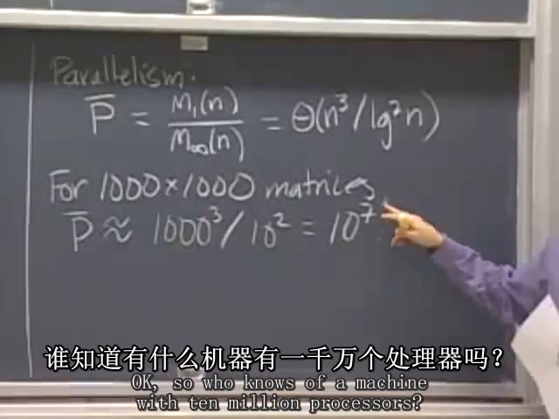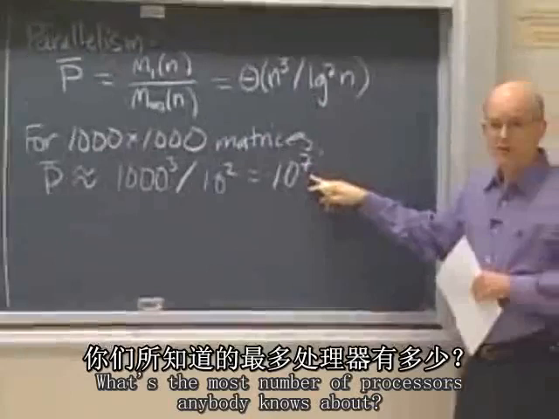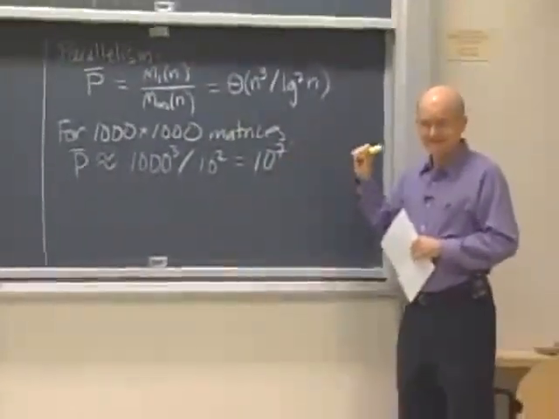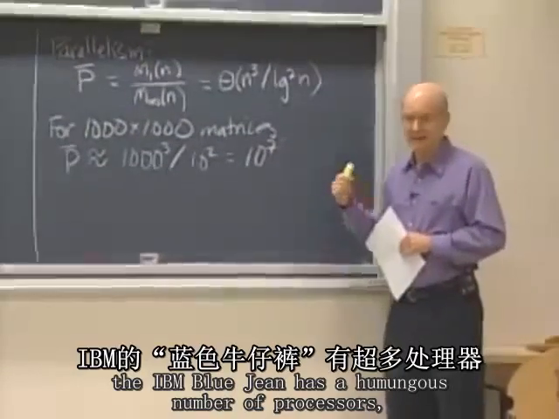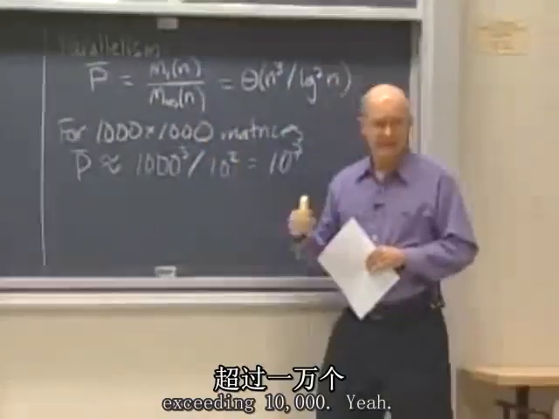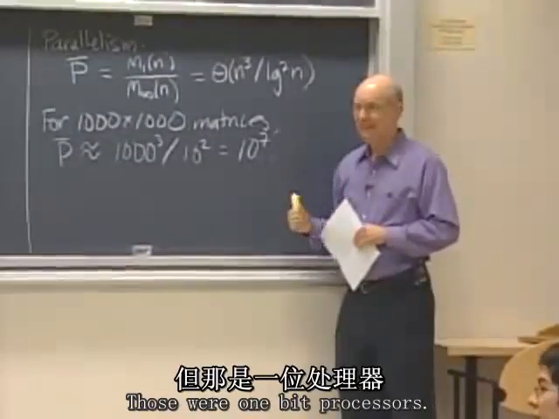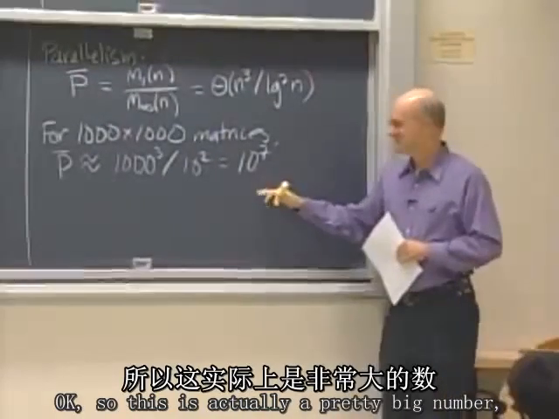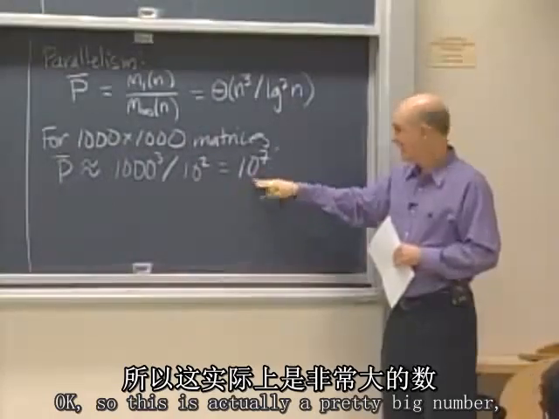So who knows of a machine with 10 million processors? What's the most number of processors anybody knows about? Yeah, not quite. The IBM Blue Gene has a humongous number of processors, exceeding 10,000. Yeah, those were 1-bit processors. Okay, so this is actually a pretty big number.